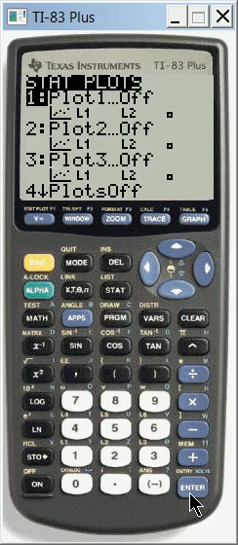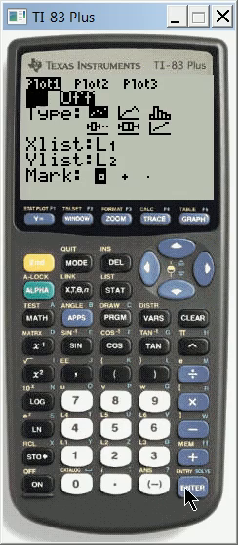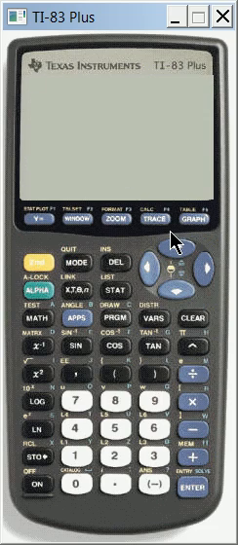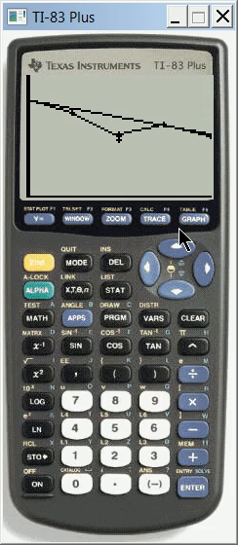We're going to hit that, turn it on, and depending on whatever format we like, we go down to here and change the type so it's actually graphing the data. Hit enter here. List 1 is my X, list 2 is my Y. I've got whatever mark I want to put on there. All right, second quit. Again, if I hit graph here, that's what the energy grade line looks like.